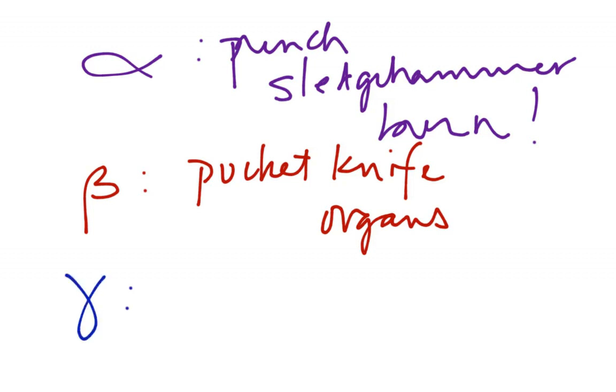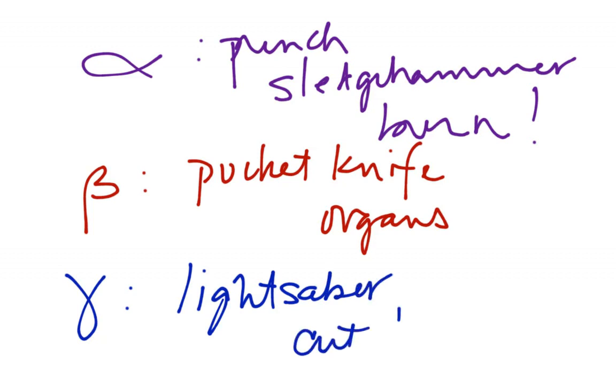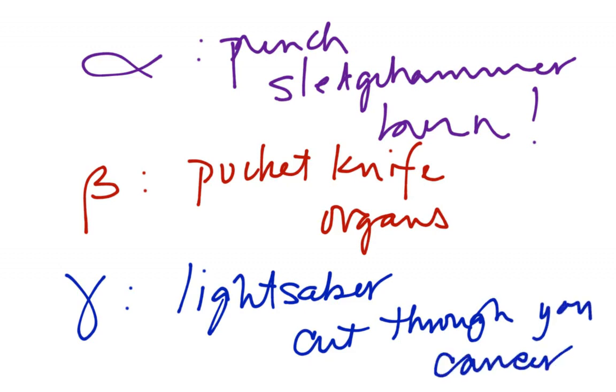Gamma is the pure energy. It is the lightsaber. It will cut through you and cause cancer. And remember, you always have this one if you have either of these ones. Alright, there you go.